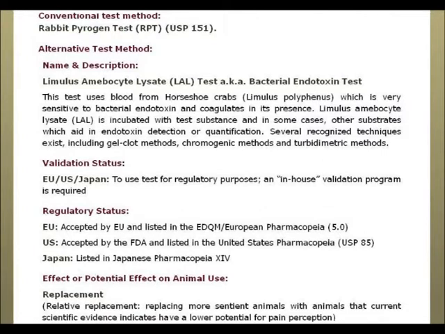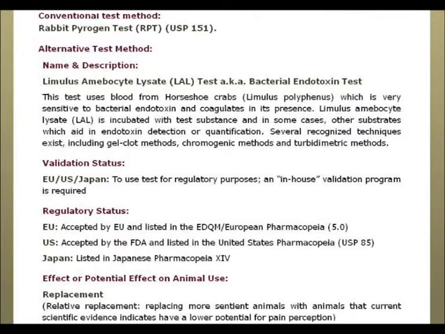It says this test uses blood from horseshoe crabs, which is very sensitive to bacterial endotoxin and coagulates in its presence. The Limulus amoebocyte lysate is incubated with test substance and in some cases other substrates which aid in endotoxin detection or quantification.